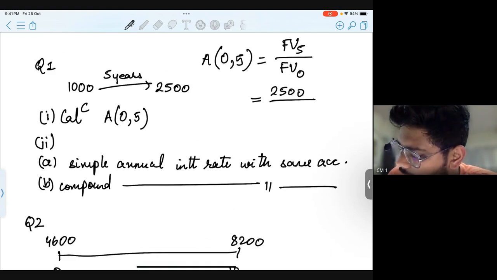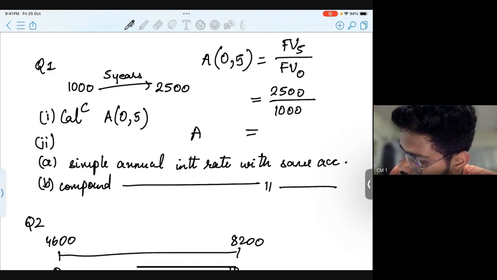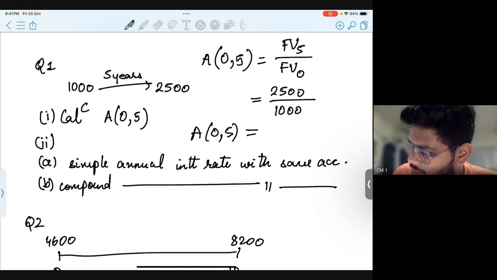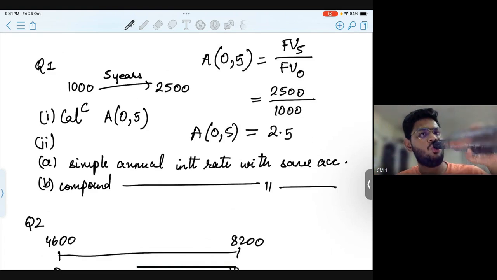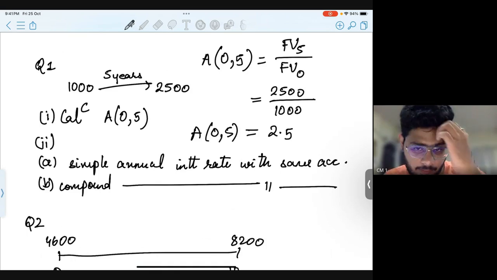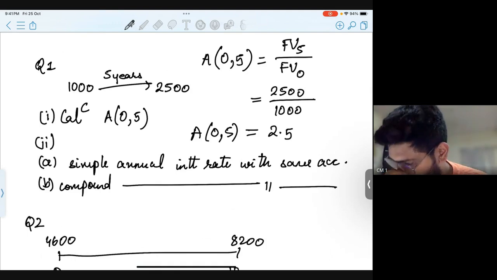What is the fund value at time 0? It is 1000. So the accumulation factor A(0,5) becomes 2.5. Is this fine?